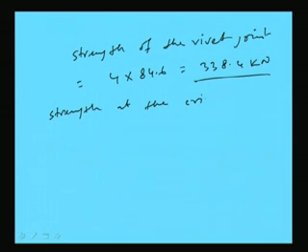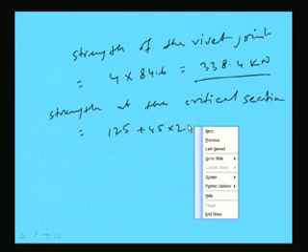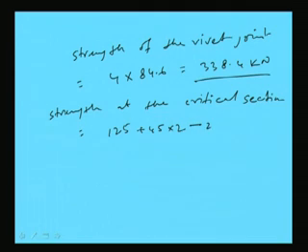Because the plate may fail also. So, the strength of the plate at that section has to be calculated. So, that will become 125 plus 45 into 2 minus 2 into 23.5 into 12 into 150, where this is the gauge distance, this is the edge distance.